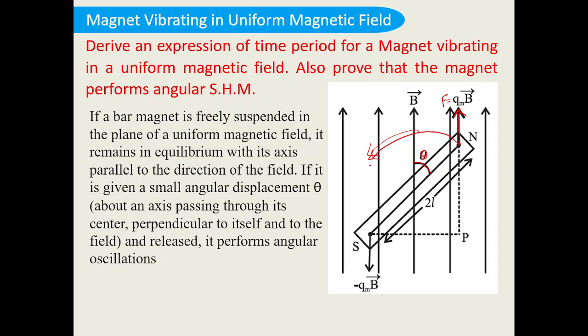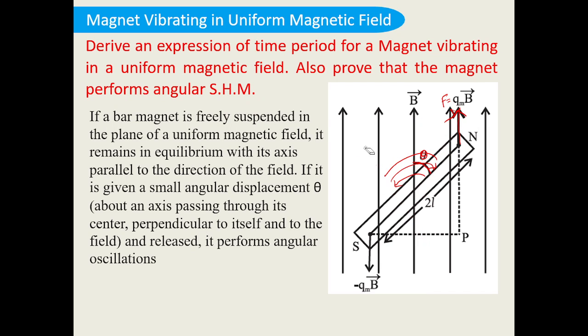Again the magnet comes to this position, and again the force moves it in this direction. So this magnet is going to perform angular SHM, moving from here to here, again here to here. The magnet moves in an angular SHM manner.